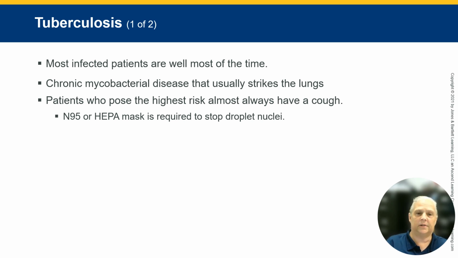Primary tuberculosis is what they call it. Then we have reactive tuberculosis that's going to be more difficult to treat. We have the patients that are at highest risk. Usually you're going to have a cough. You want to put on that N95 or HEPA mask on yourself, and a surgical mask on your patient, in order to help prevent it from being spread to you.